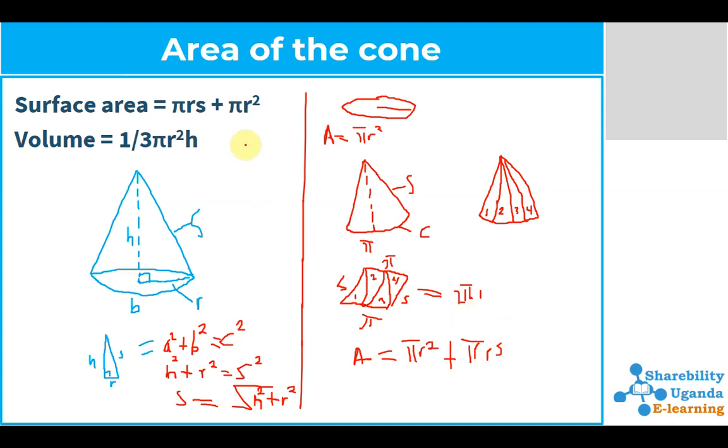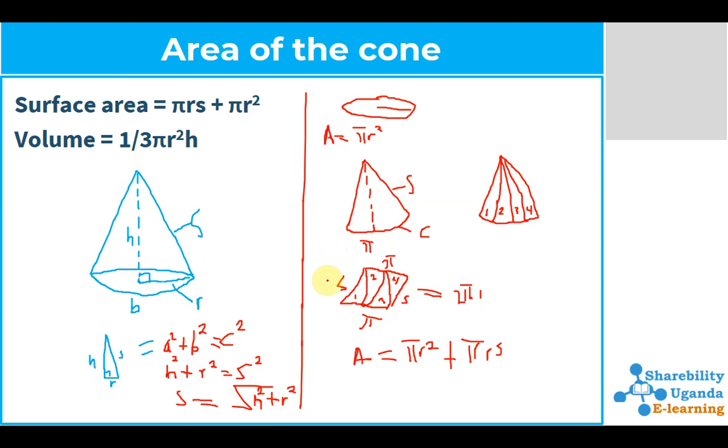So this derives us to a formula of our surface area being equal to pi r s plus pi r squared. Alright, so in that way we can now be able to use the method and find the surface area.